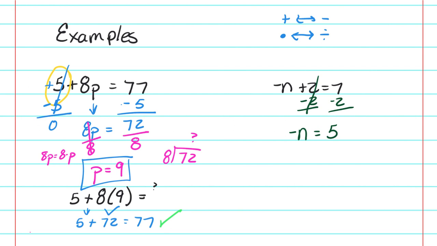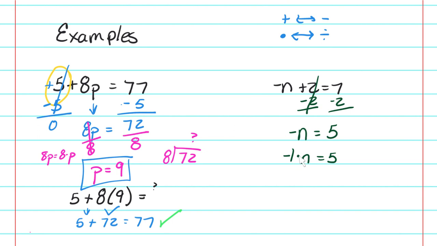Well, it looks like we're done, but I cannot have a negative variable. My variable needs to be positive over here, okay? It needs to say just n, not negative n. So if negative n really means negative 1 times n equals 5, well, times 1, here's a multiplication.